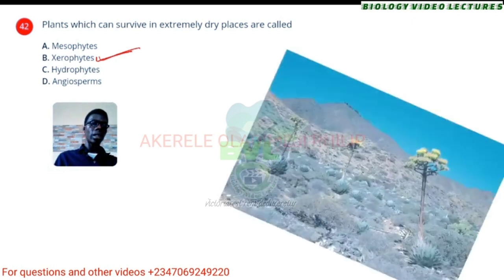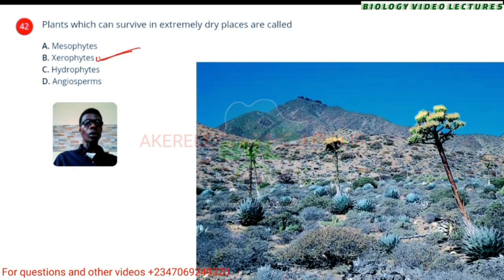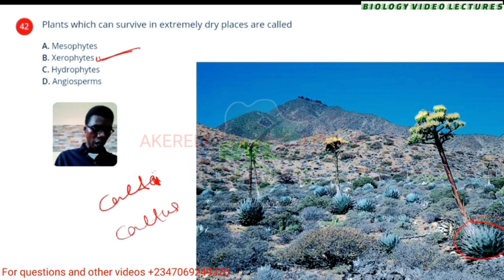These examples grow in dry places, such as cacti, in areas that are very dry, like the desert. Cacti is the plural of cactus; one of these is a cactus.